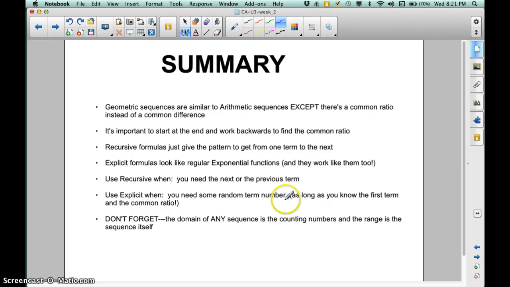Like if you need the 31st term, you're not going to start at the first term and work up 31 times. It's sort of a pain. So use explicit then. To use the explicit formula, you do have to know the first term and the common ratio. Don't forget, the domain of any sequence is counting numbers, 1, 2, 3, 4, 5, and so on, and the range is the sequence itself. We'll practice this more in class.